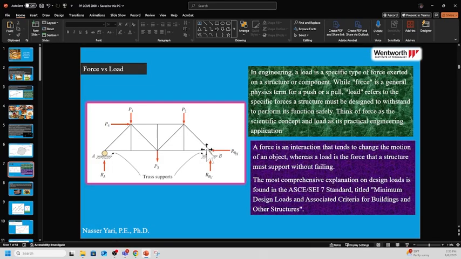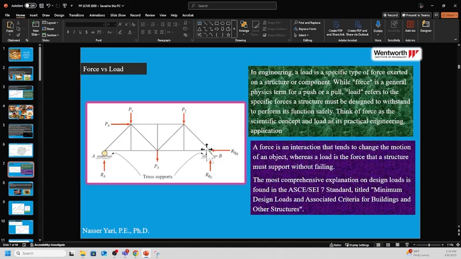And now, force versus load. Later on, when you go to higher classes, we're going to use load instead of force. In engineering, a load is a specific type of force exerted on a structure or a component. A lot of times when we design a beam or column, we put a load on it, and hopefully the capacity of the column and beam that you design is bigger than the load you're going to put on it. Where the load comes from is a huge subject by itself, in upper classes.